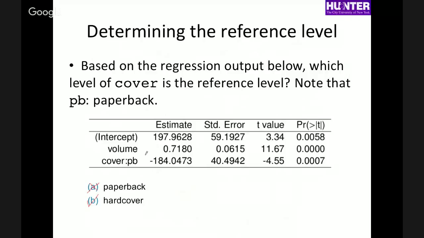So it will be a hardcover book of 0 volume, that is what this intercept means. And then we would add the volume times this coefficient, and we would apply this correction, minus 184, if it's not the reference, if it is a paperback book.